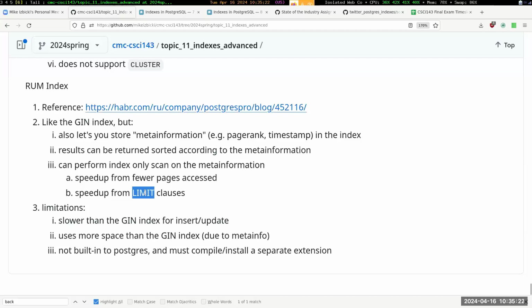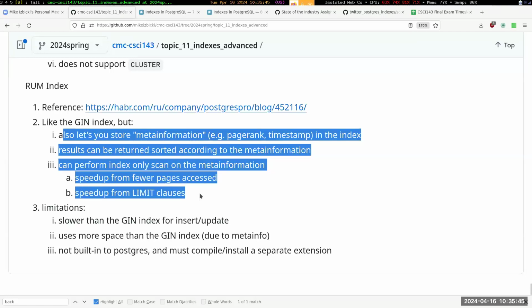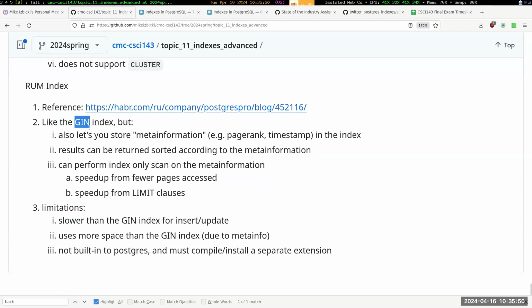You get to speed up the limit clauses now because you are returning things one at a time in an index-only scan or an index scan. And you'll have fewer page accesses when you do the index-only scan if everything is contained inside of the index itself. So the RUM index fixes the vast majority of the speed problems with the GIN index. And if people are using full-text search these days, they basically always use the RUM index instead of the GIN index.